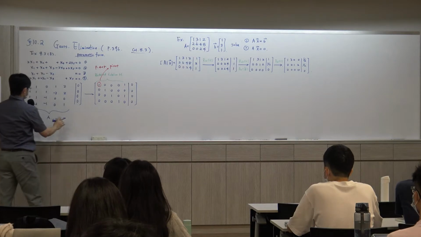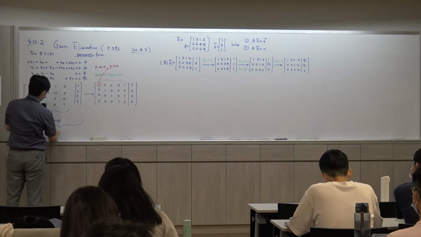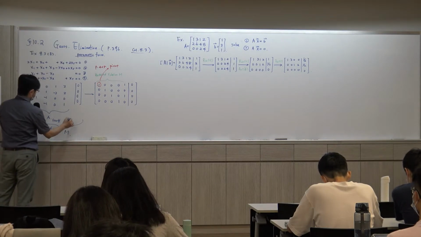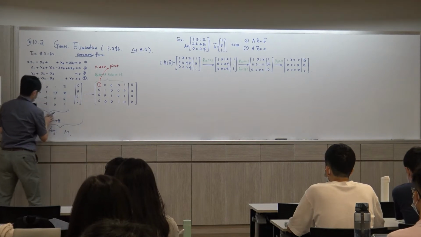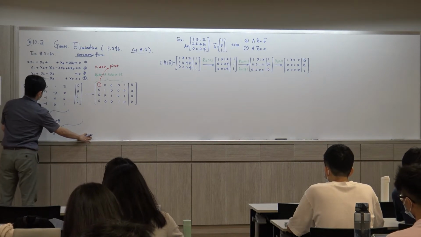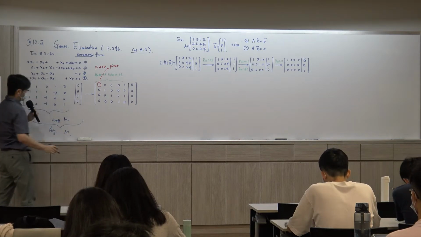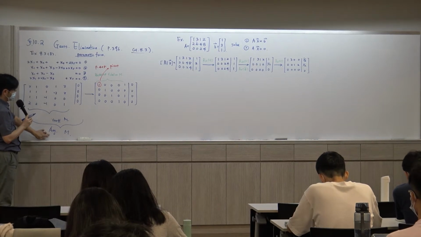So the overall is called the augmented matrix.